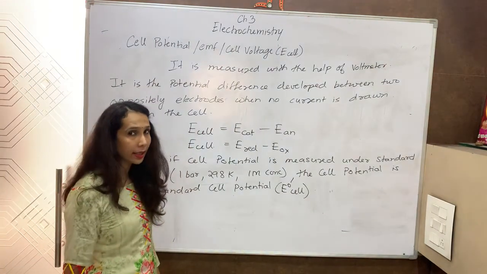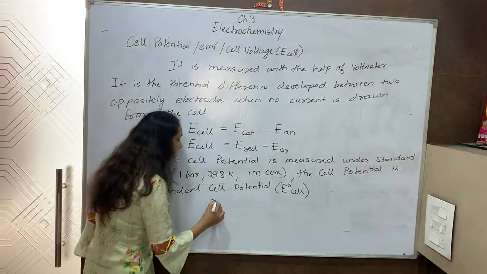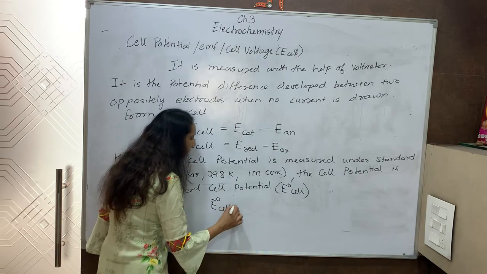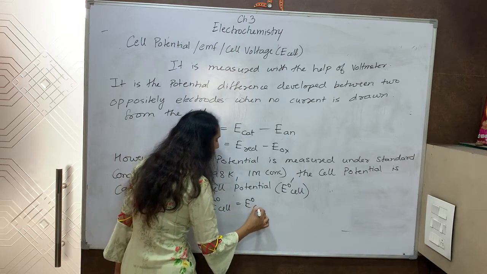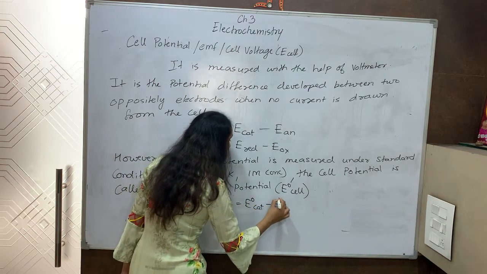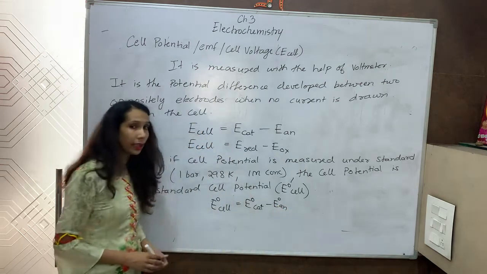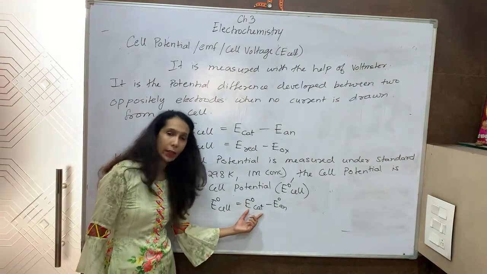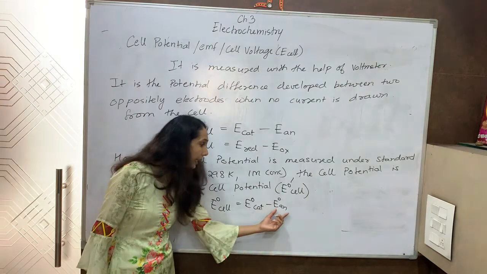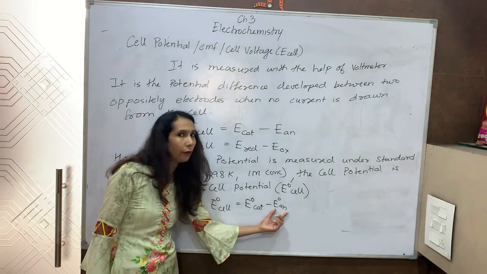So E naught cell is the standard cell potential, and theoretically speaking, what is the formula? E naught cell is equal to E naught cathode minus E naught anode. That is standard electrode potential of cathode minus standard electrode potential of anode.